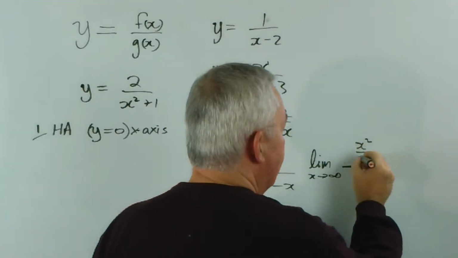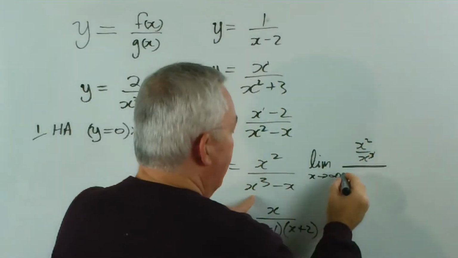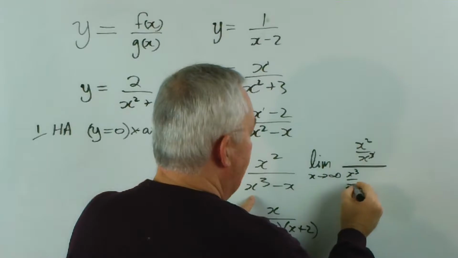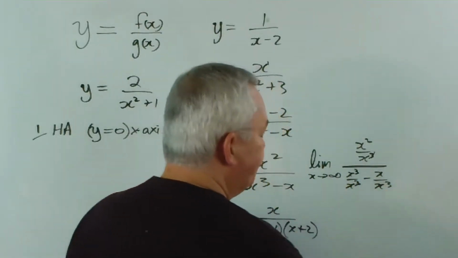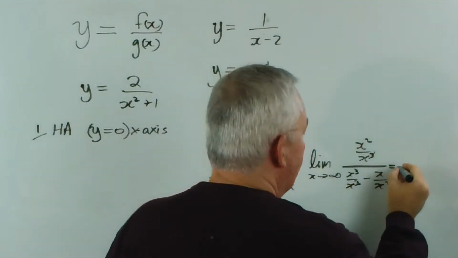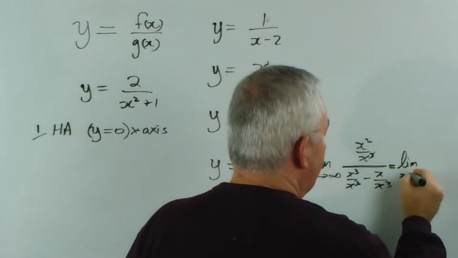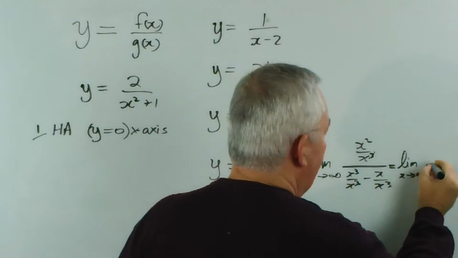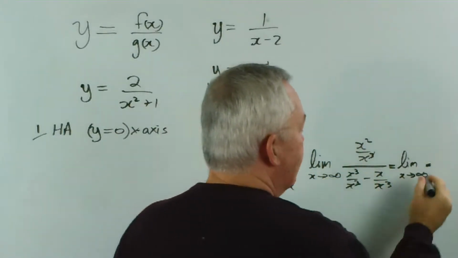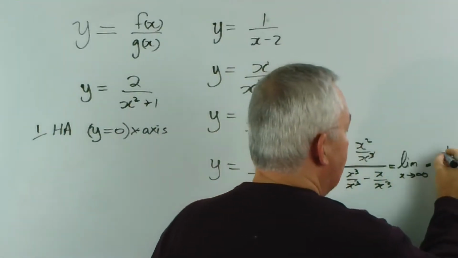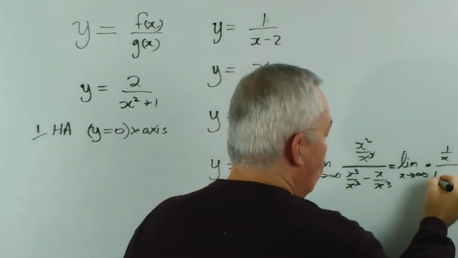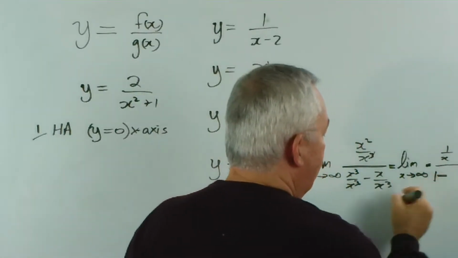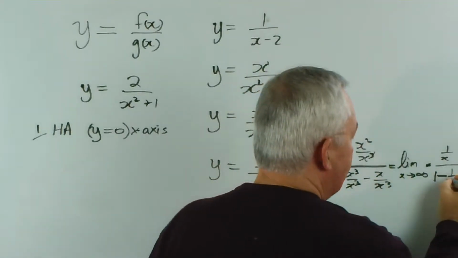So I'd have x squared on x cubed on the top, and x cubed on x cubed here, and x on x cubed here. And I would say that was equal to the limit as x went to infinity of, now x squared on x cubed is 1 on x, x cubed on x cubed is 1, and x on x cubed is 1 on x squared.